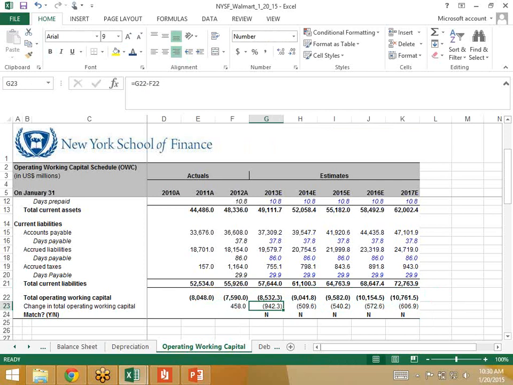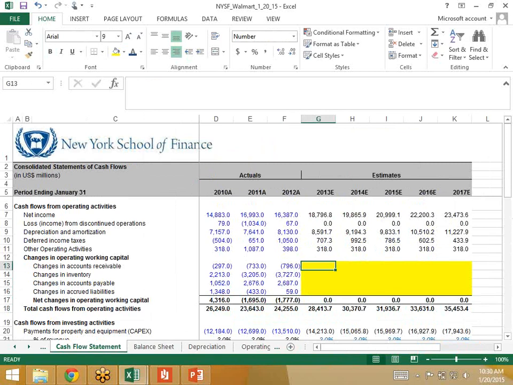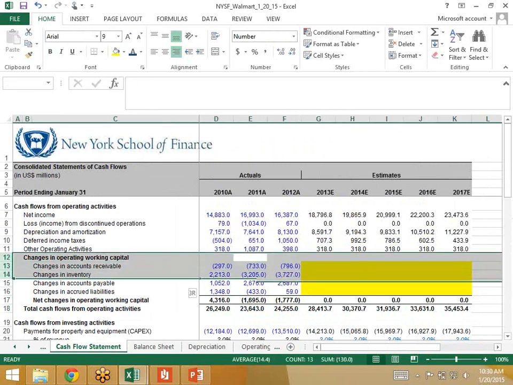Yeah. So how do we transfer this into the cash flow statement? Well, if you go to the cash flow statement, you'll notice there's this section called Changes in Operating Working Capital. Now, there are a couple things that are confusing about this.